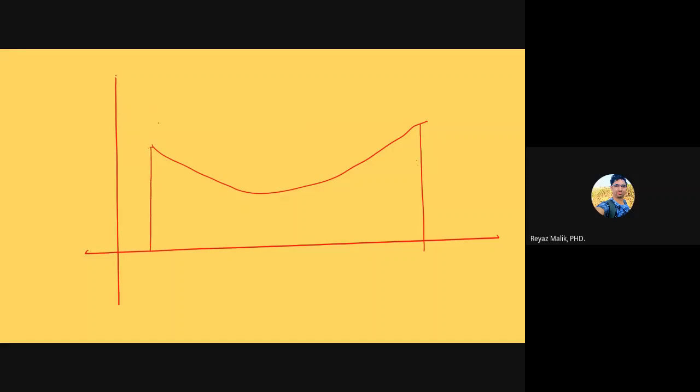Treat it as parallel. These points are end points. Then if we draw a line in between this graph, for example, like this, then this function will be treated as a convex function, because the line is within the graph, not outside the graph. That's important.